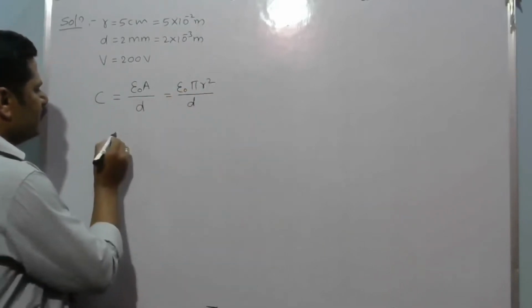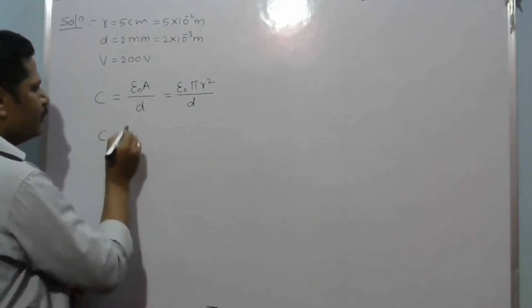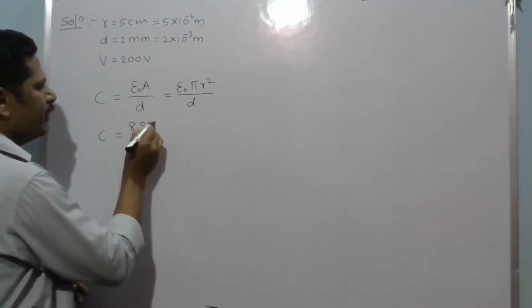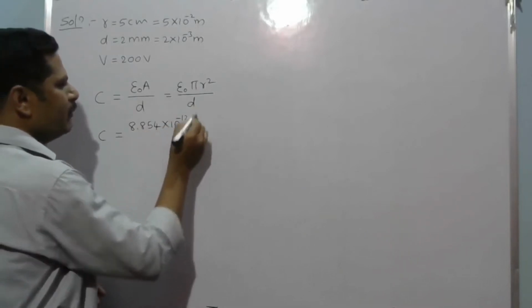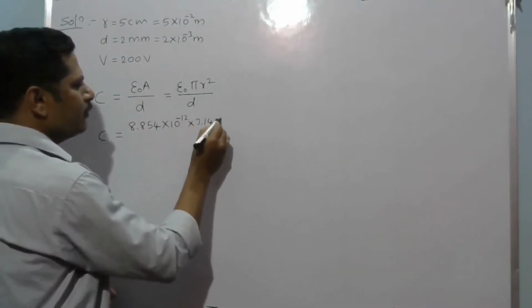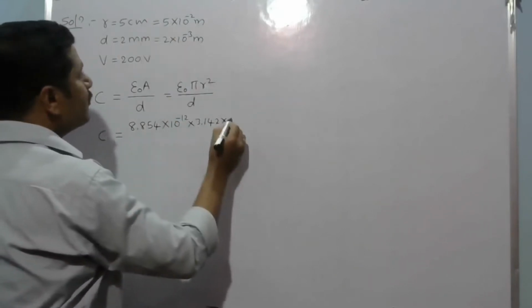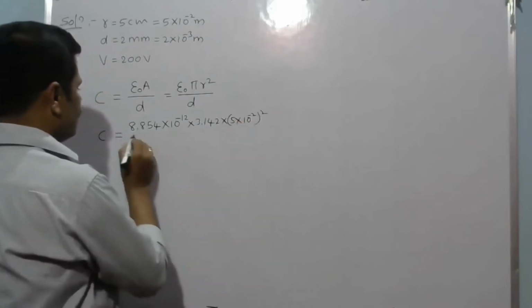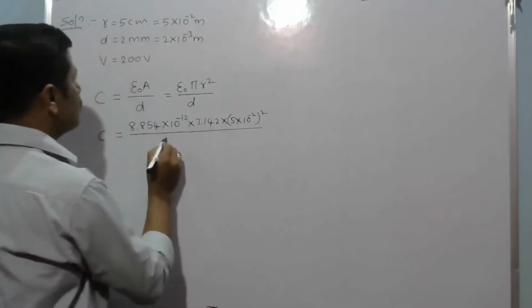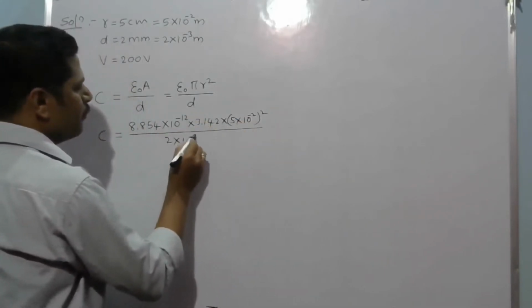Now on substituting the values, the value of epsilon naught is 8.854 into 10 raised to minus 12, and pi value is 3.142, and r square, here r means 5 into 10 raised to minus 2 whole square, divided by the separation between the two plates, which is 2 into 10 raised to minus 3.